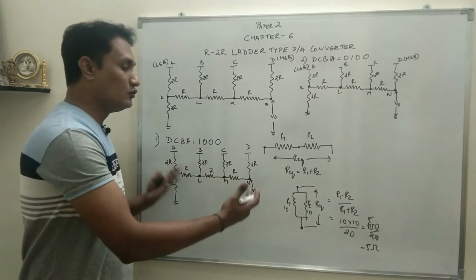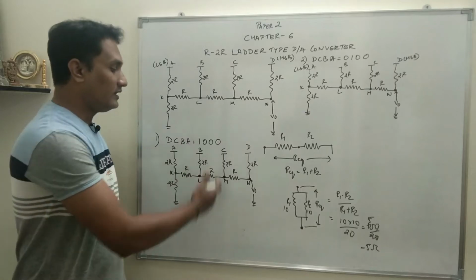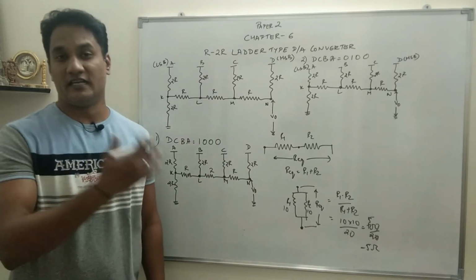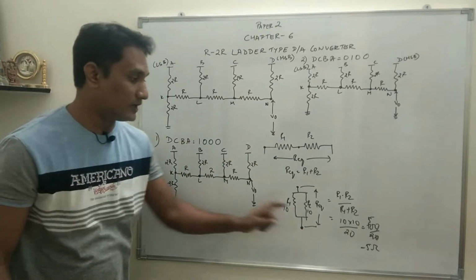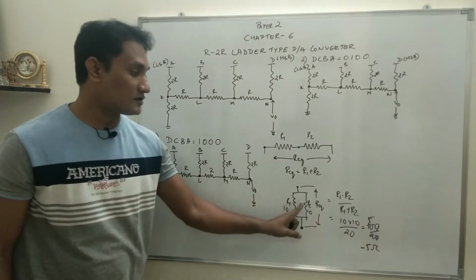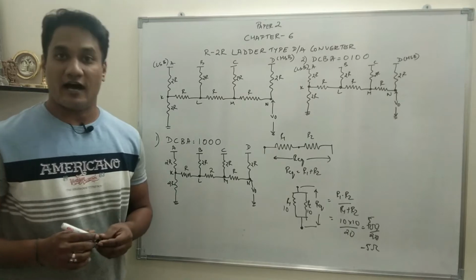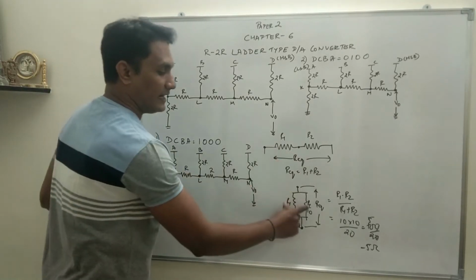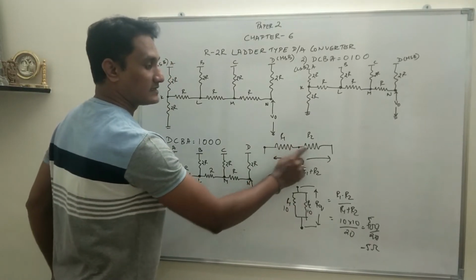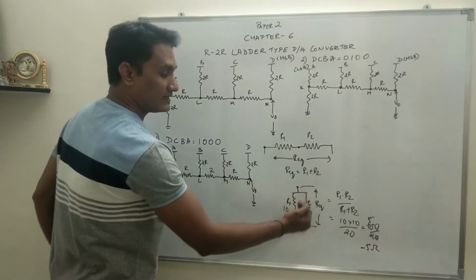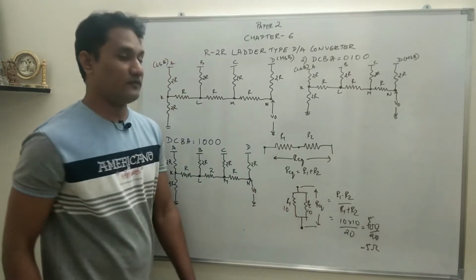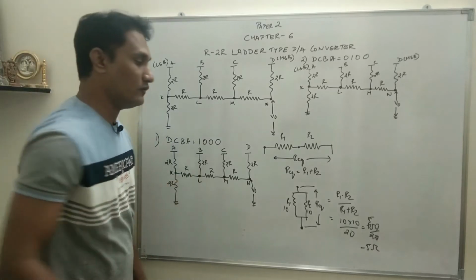We are going to use that in the derivation of the output voltage equation. So in series the resistance gets added up, in parallel it gets divided, and if the two resistance values are the same, the value will be half.